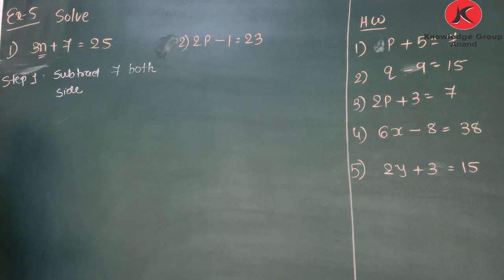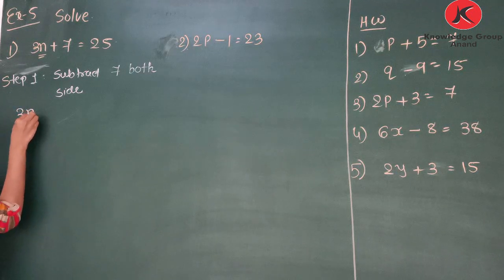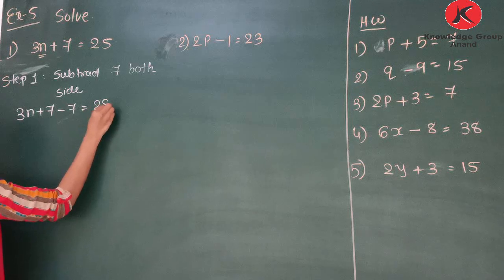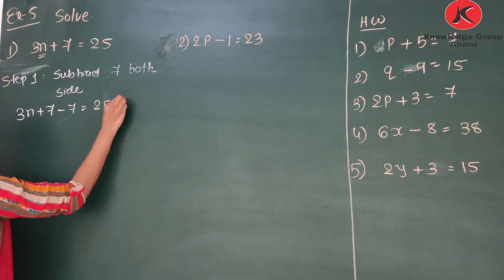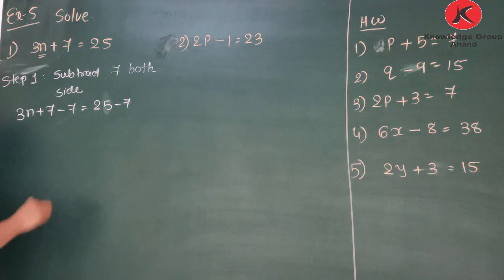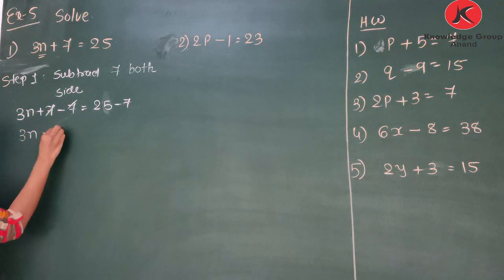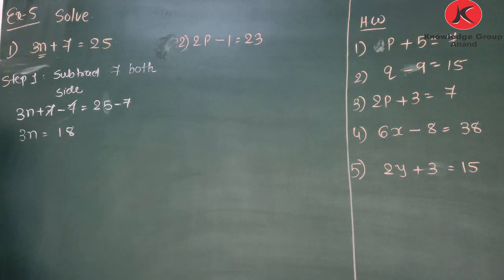If we subtract 7 both sides, 3n plus 7 minus 7 is equal to 25 minus 7. So here 7 will be cancelled out. 3n is equal to 18.